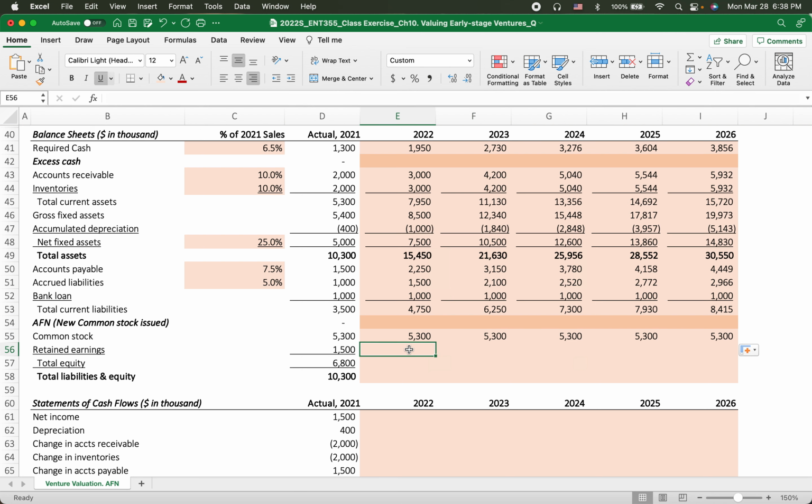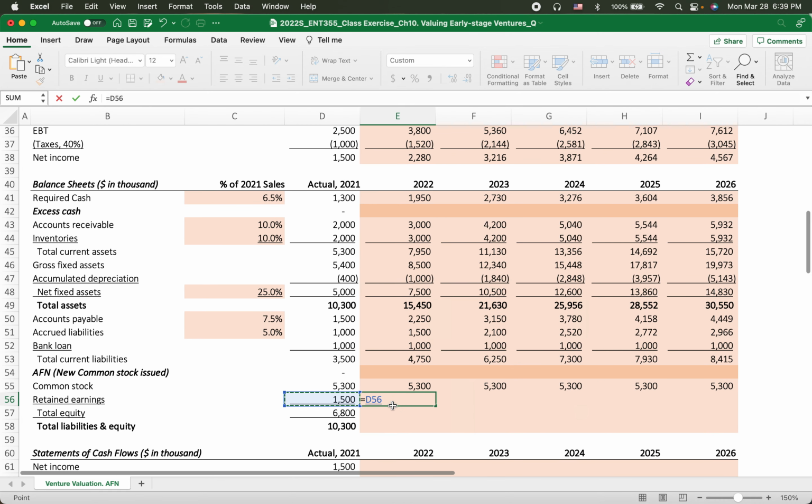Now, retained earning, you must be very careful, because retained earning is the sum of all the net income or loss of the business throughout the years. So what account do you want to add? There you go, the net income, right?